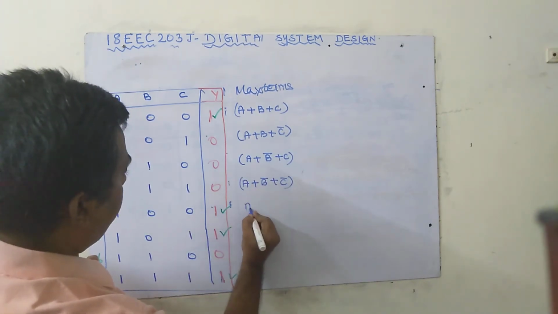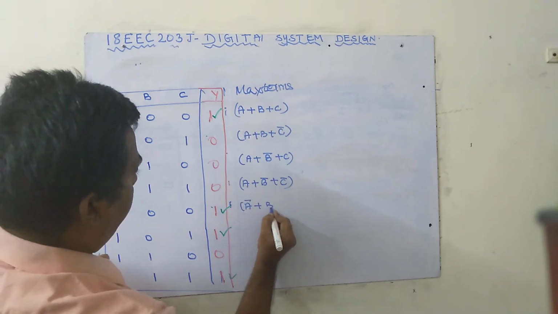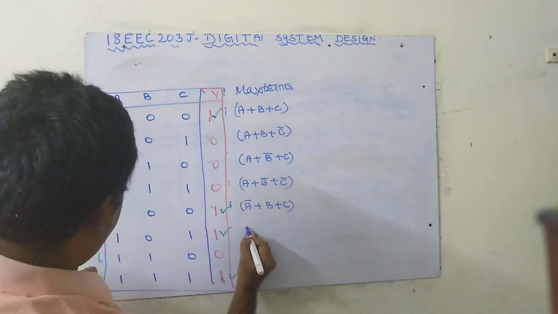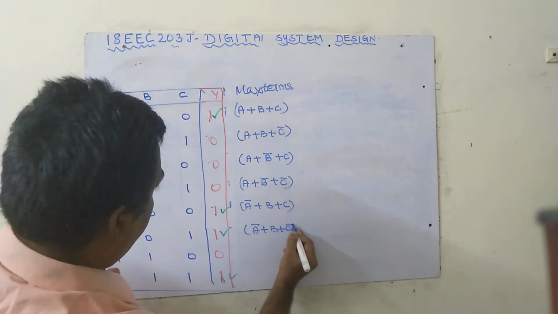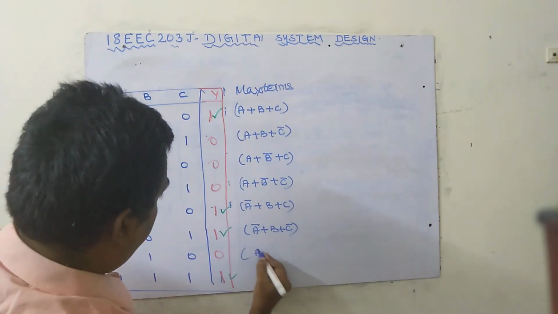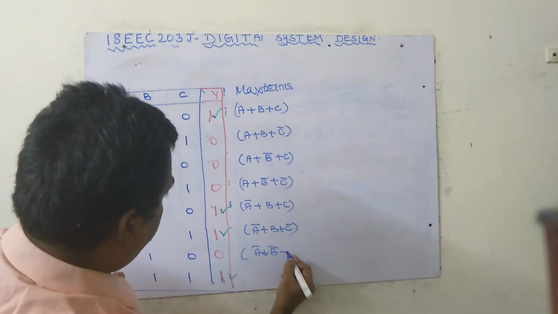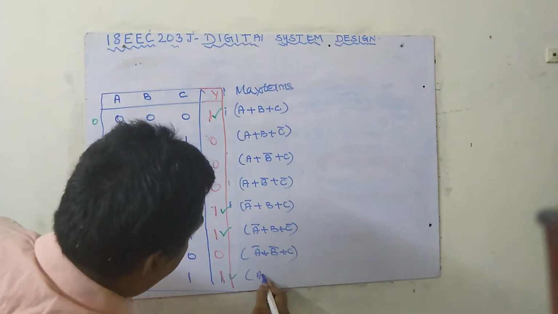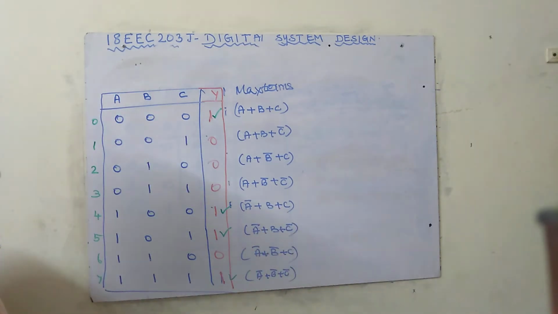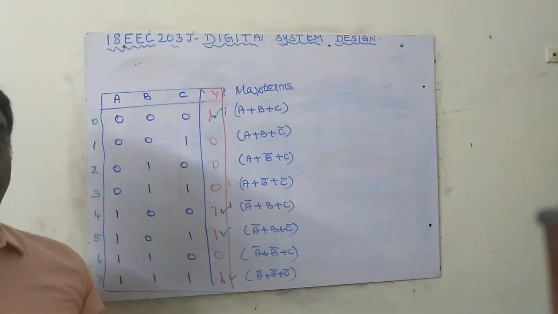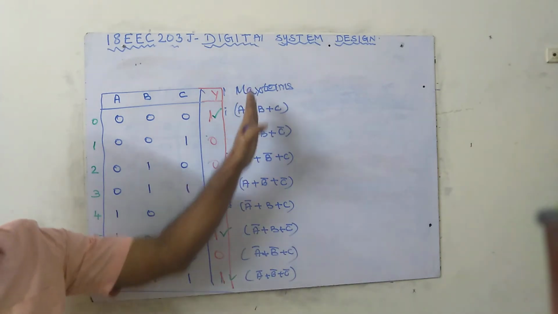Next A bar plus B plus C. Next A bar plus B plus C bar. Next A bar plus B bar plus C. Final A bar plus B bar plus C bar. So this is called max term. We should know max term.